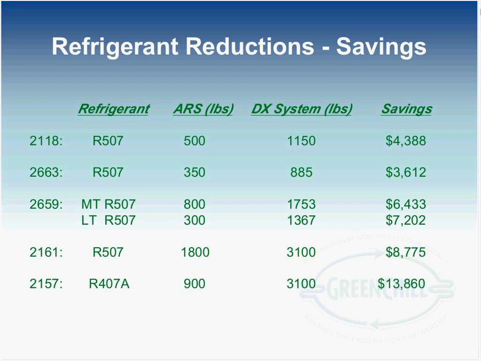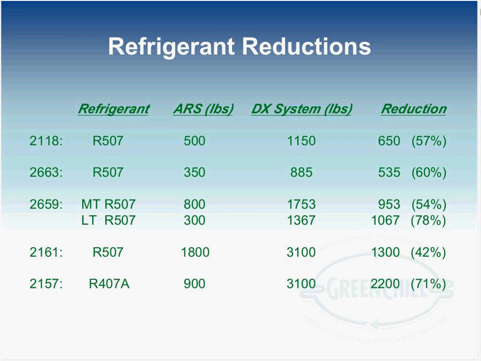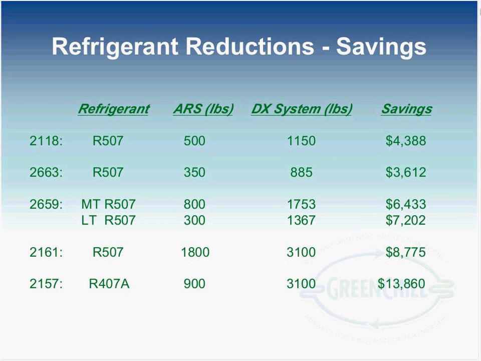So I think you'll see that not only was, I'm going to back up one slide. As you can see, we were slightly higher in our reduction of refrigerants from the earlier presentation. I did want to put an actual dollar savings that we saw in these stores. Our average cost for CO2 is less than $1.